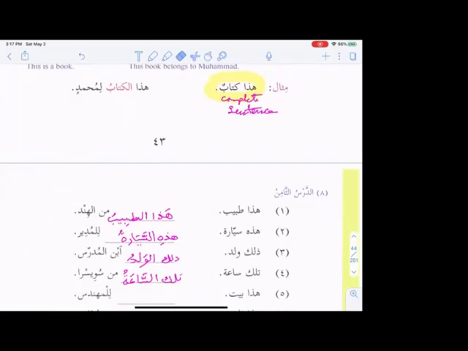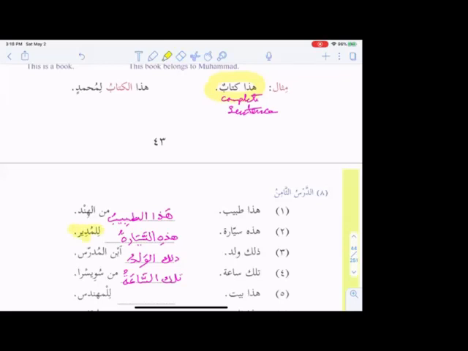Hadihi sayaratu. Libni. You will have to write down هذه السيارة للمدير. Here, sorry, I beg your pardon. هذه السيارة للمدير. This car belongs to the mudir, to the principal, headmaster.